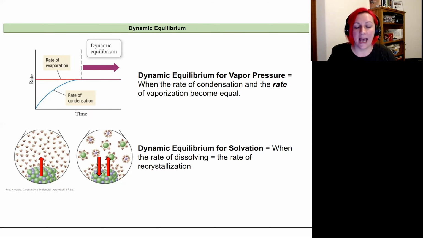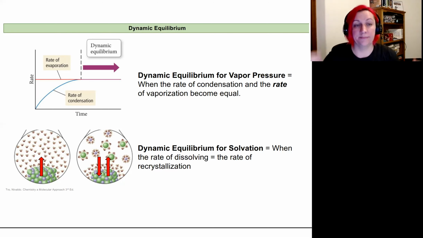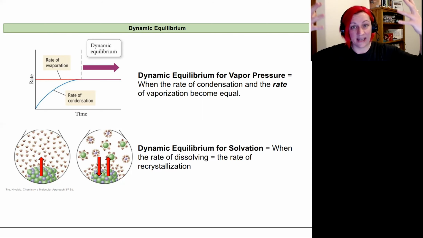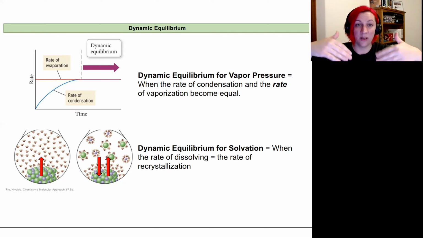This is looking at a liquid in a closed container, and the liquid will be able to evaporate a little bit. And some number of particles will have enough energy to go into the gas phase. We'll call that evaporation. And some of those gas particles, once they're in that gas phase, will bonk into each other or into the surface of the liquid and they'll condense.